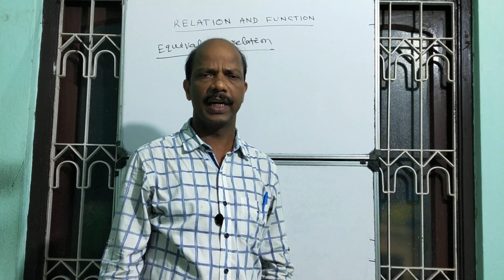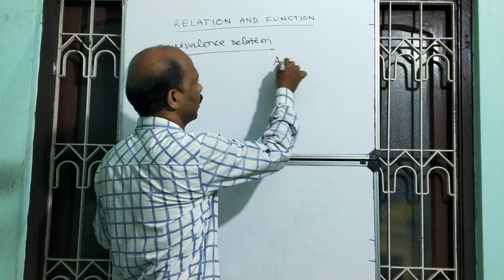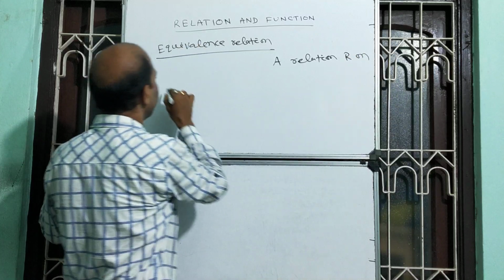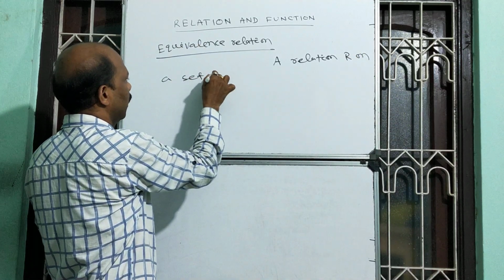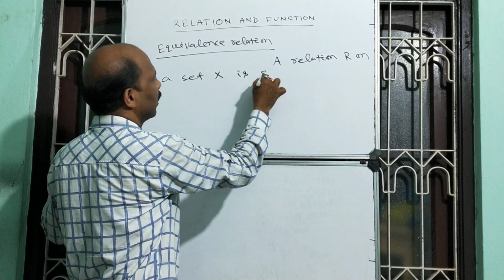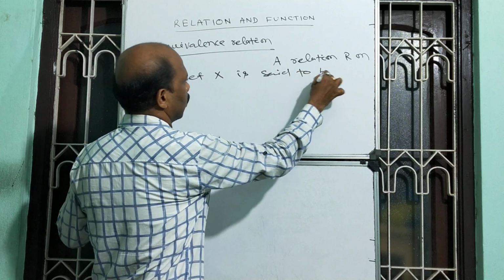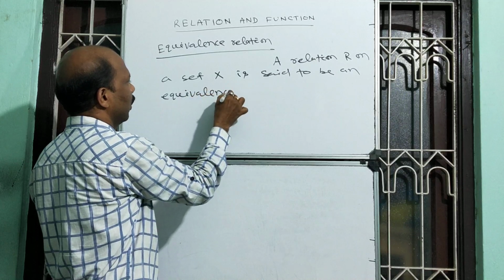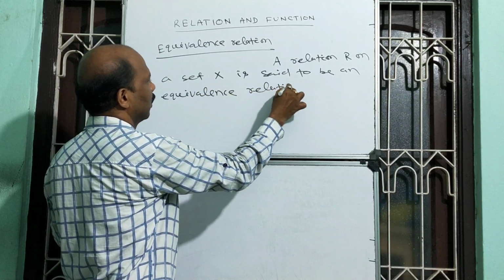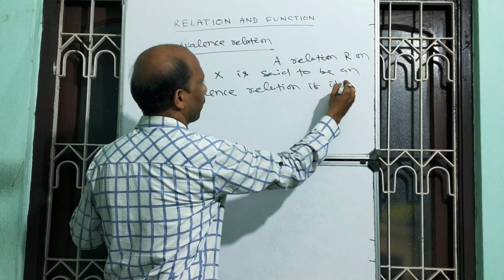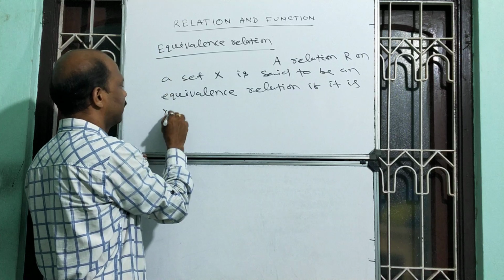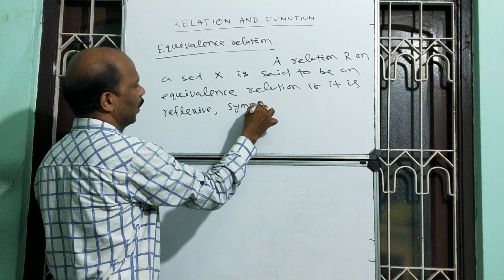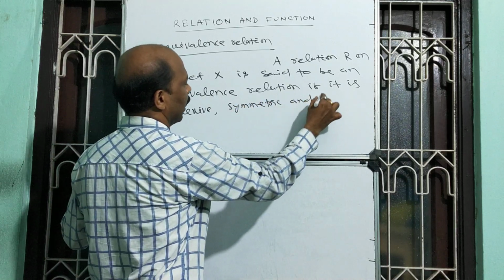That means we say that a relation R on a set X is said to be an equivalence relation if it is reflexive, symmetric and transitive.